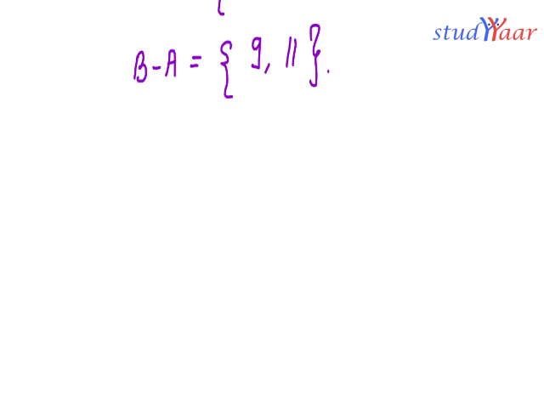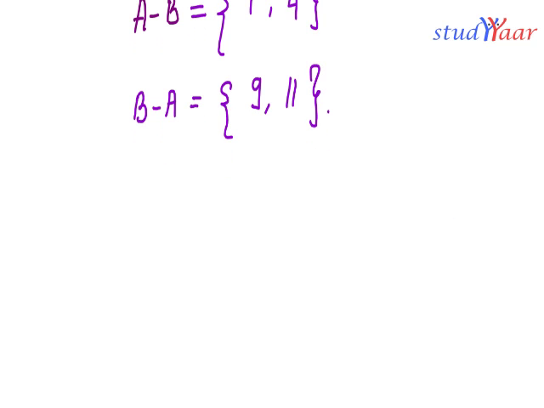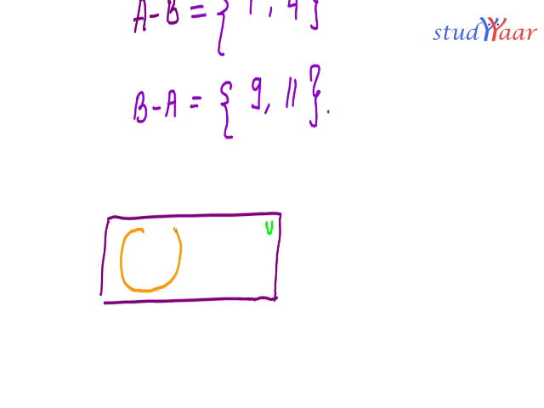How would you represent it in a Venn diagram? You are going to do something like this. Let us suppose this is my universal set and I have my A over here, I have my B over here. Let us just give the names A and B. Then symmetric difference is the elements present in either A or B but not in both.